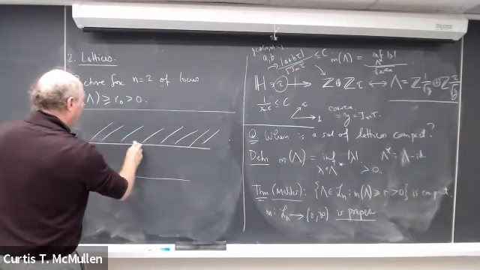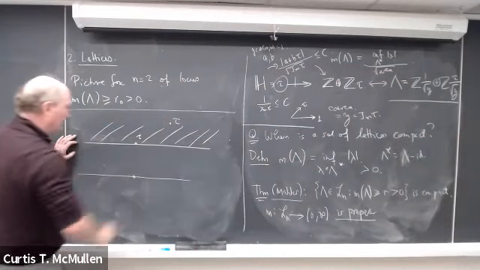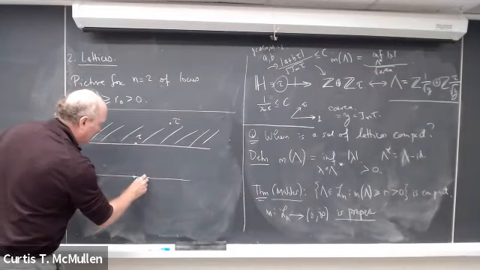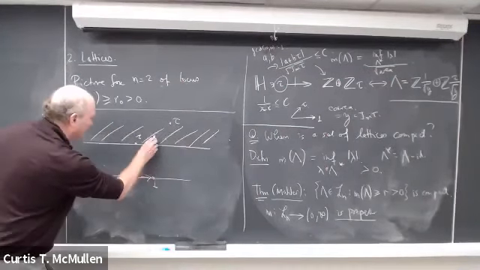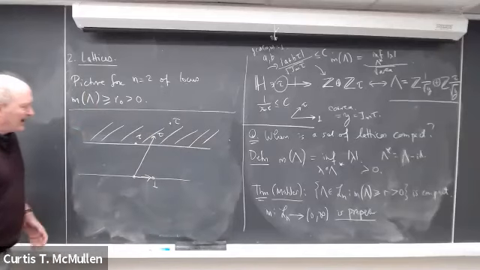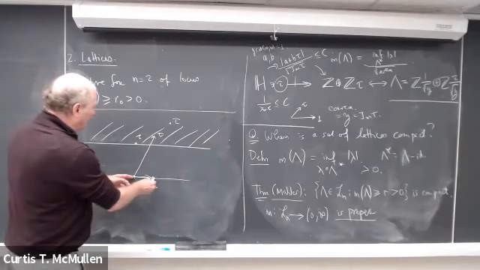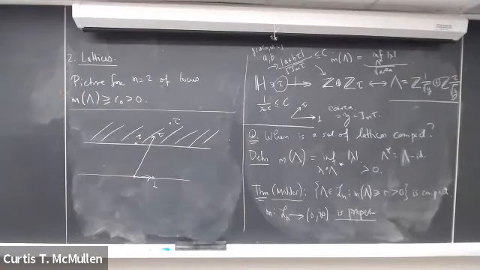And indeed, if tau is anywhere up here, and the height of this line is large, then the unit vector that we're using to generate this lattice is in fact the shortest vector in the lattice. And it's very short compared to the area when the imaginary part of tau is large.